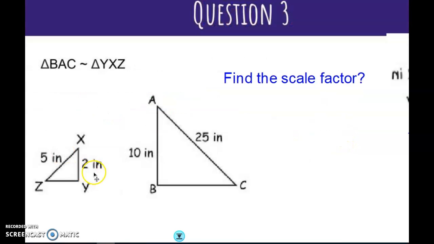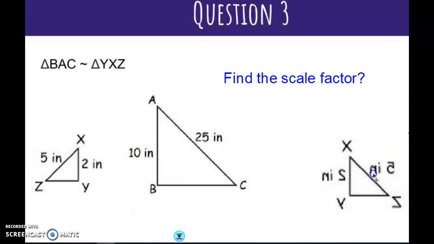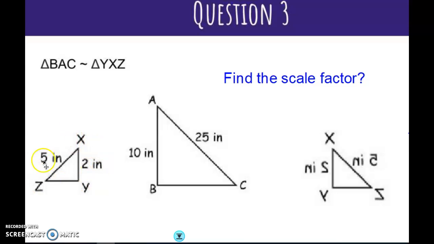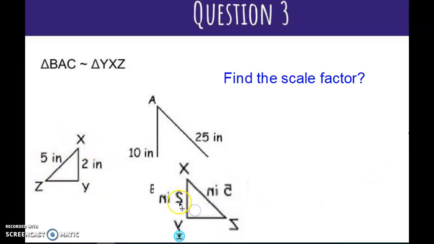All right, our next question. All we're asked to do is find the scale factor. So, as you can see with this one, I need to flip this over the y-axis so it looks like that. And now I have my scale factor, 2 to 10, or if you wanted, you could have done 5 to 25.